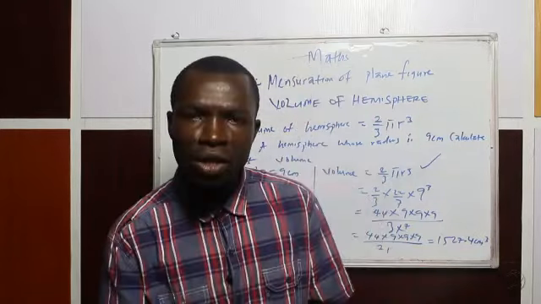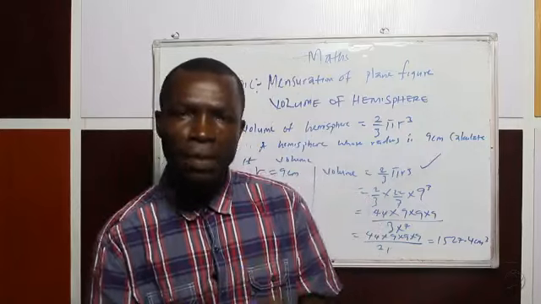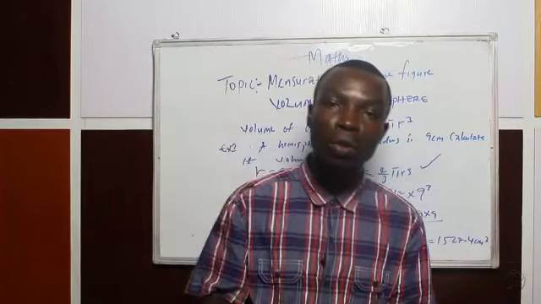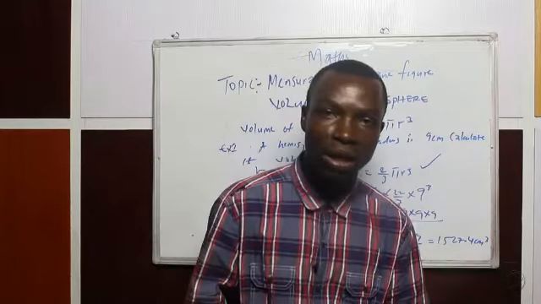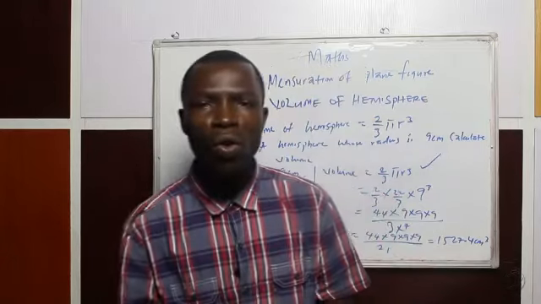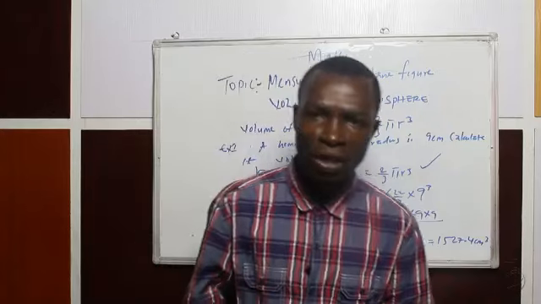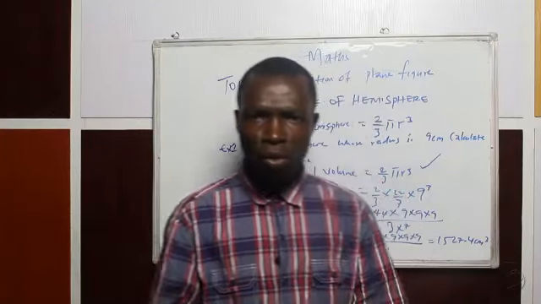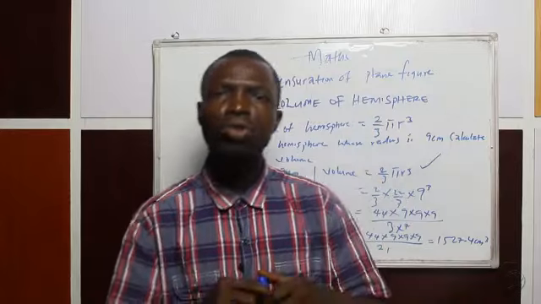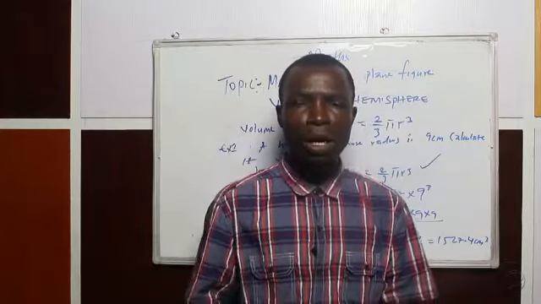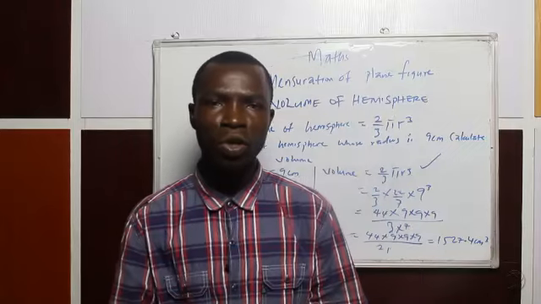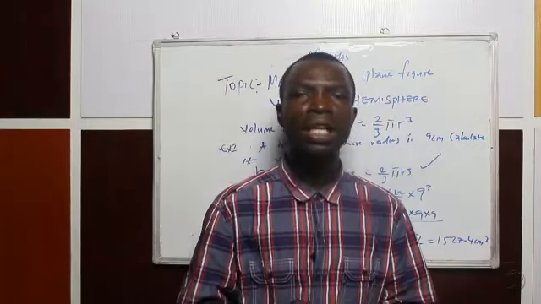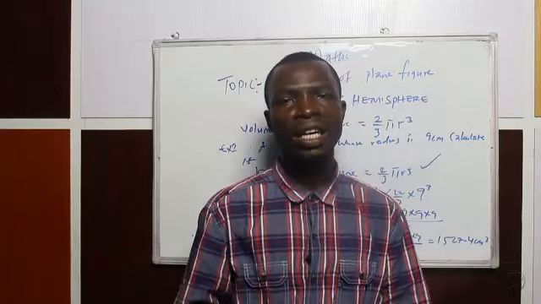The total surface area of a hemisphere is 2 pi r squared plus pi r squared, which gives us 3 pi r squared. The volume of a sphere is 4 over 3 pi r cubed, while the volume of a hemisphere is 2 over 3 pi r cubed. Please don't take a hemisphere for a sphere, so that your calculation is right and you have a good answer.